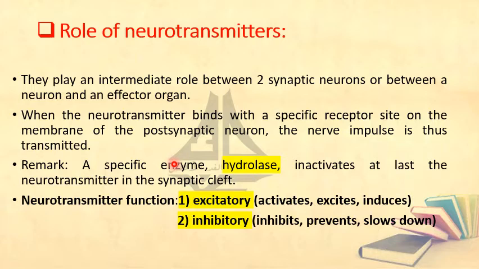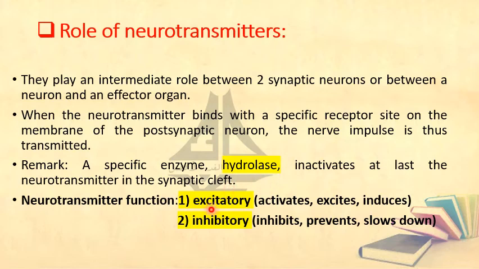Then what happens to the neurotransmitters? A specific enzyme called hydrolase inactivates them, and the neurotransmitters will be recaptured again by the synaptic vesicles. Now let us talk about the function of the neurotransmitters. These neurotransmitters that transmit the nervous message have two functions.